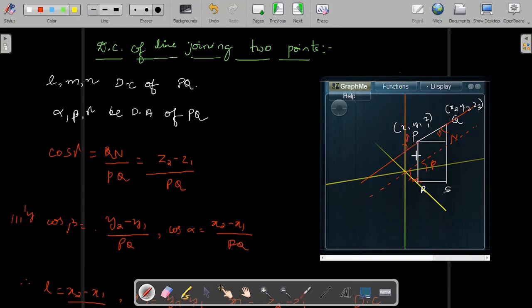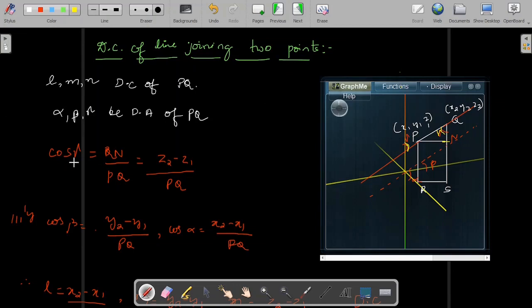Then you have to draw perpendiculars from the points P and Q to the xy plane. That gives R and S. From the point P, draw a perpendicular to QS; the foot of the perpendicular is N. Now, as this angle is gamma, the angle PQN must be gamma.